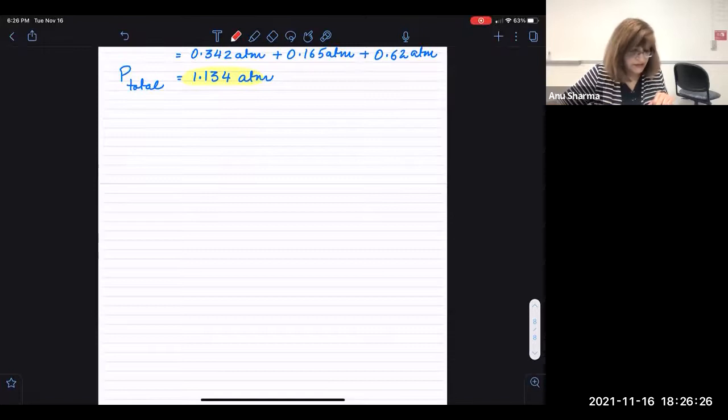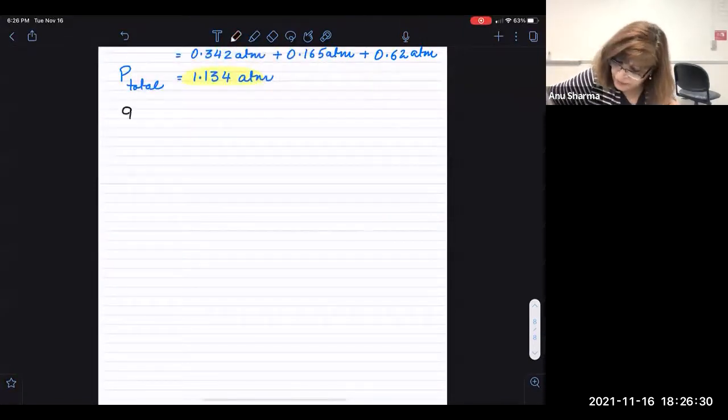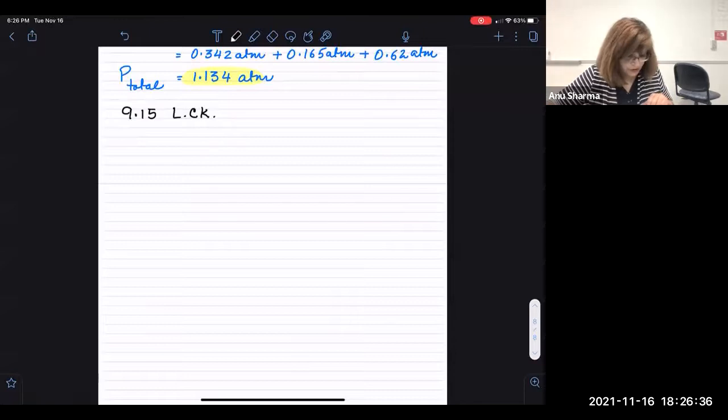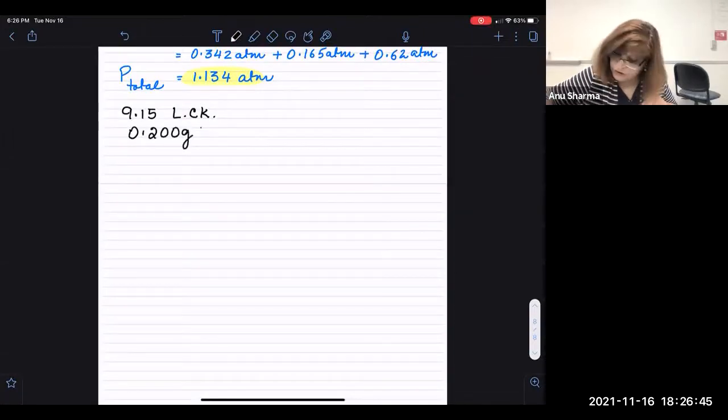Okay, the same thing in 9.15, it's the same story. 9.15 learning check: what is the pressure of the mixture? You are given 0.200 grams of hydrogen.